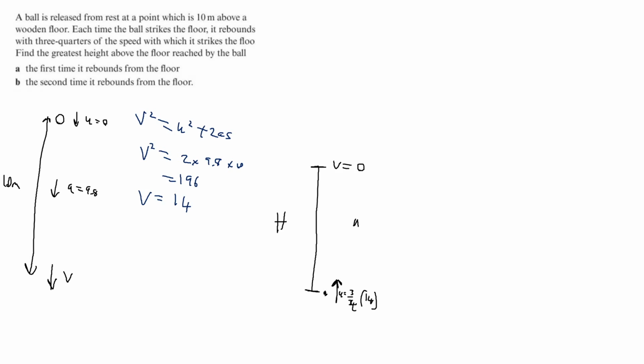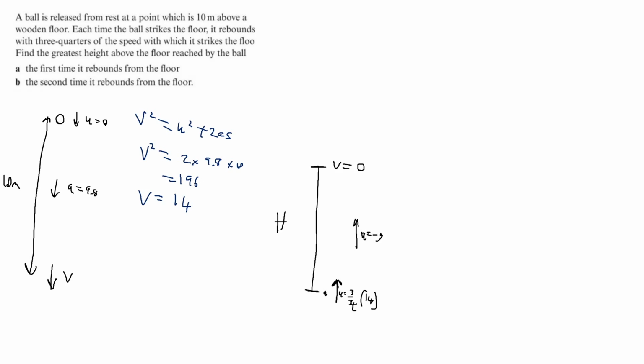And we also know that it's going against gravity. So a equals negative g, which is 9.81. You can use 9.81. In maths and in mechanics, we usually use 9.8. At GCSE, you can use 10. When in doubt, use 9.8.